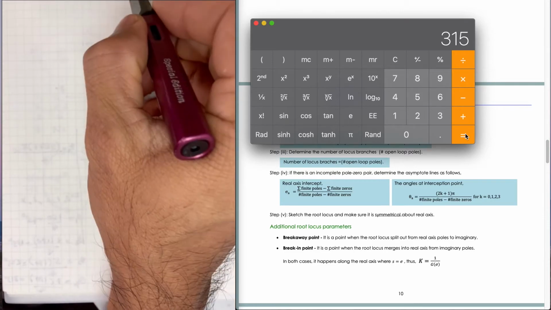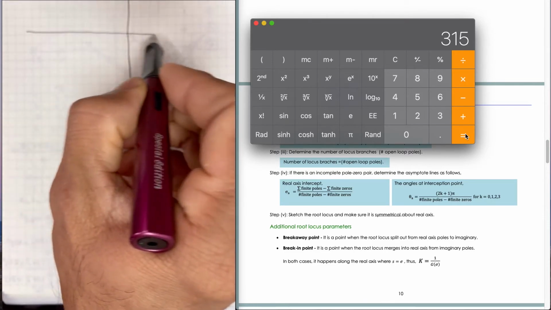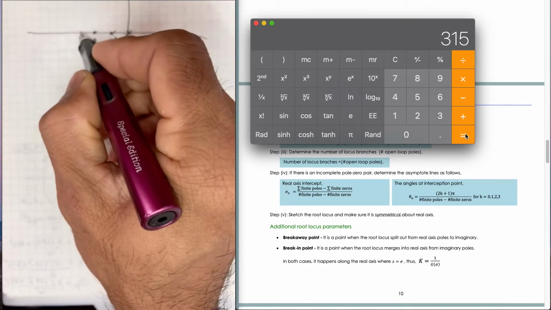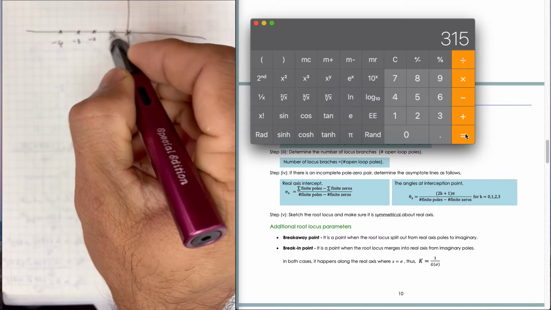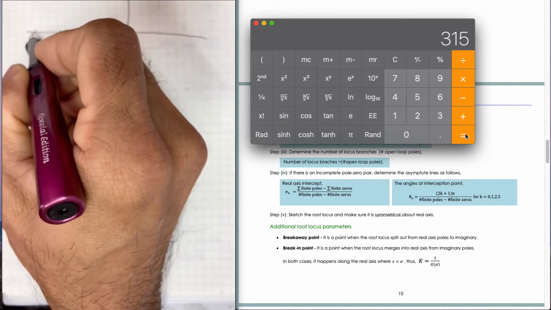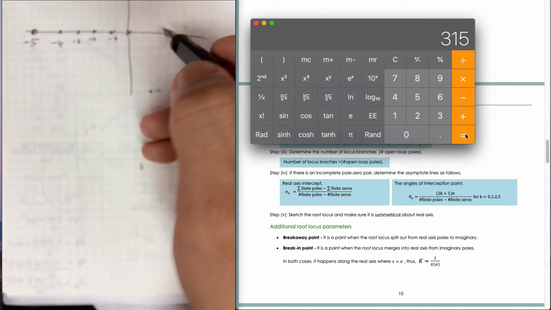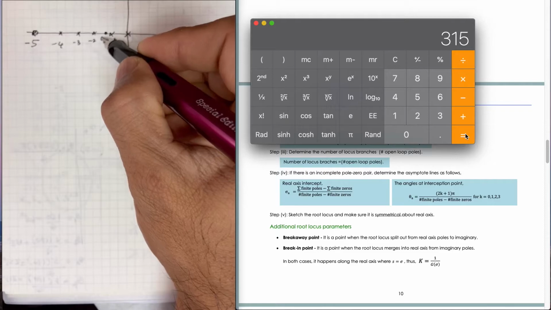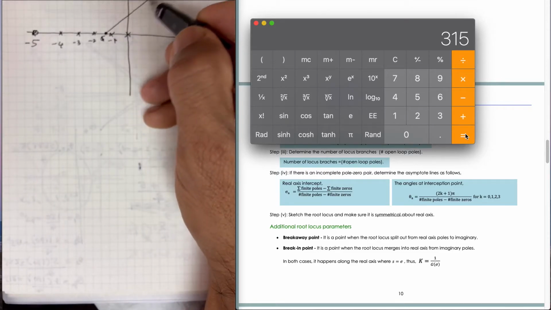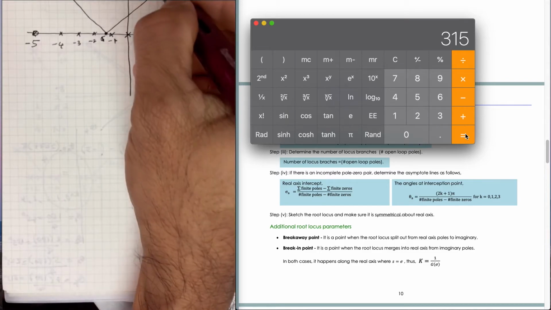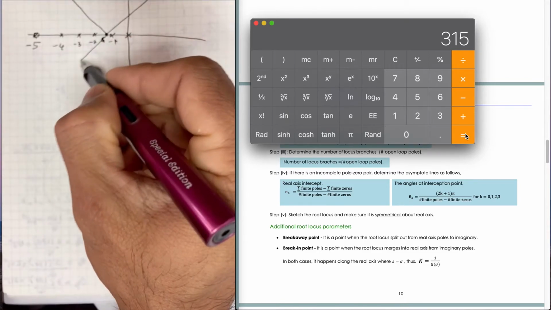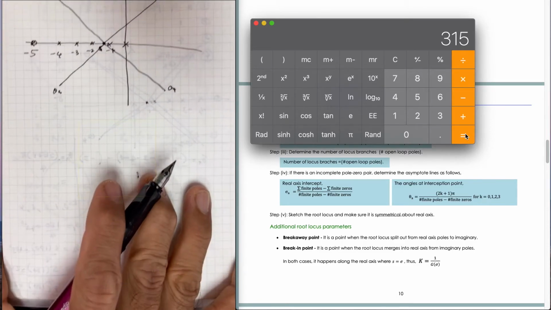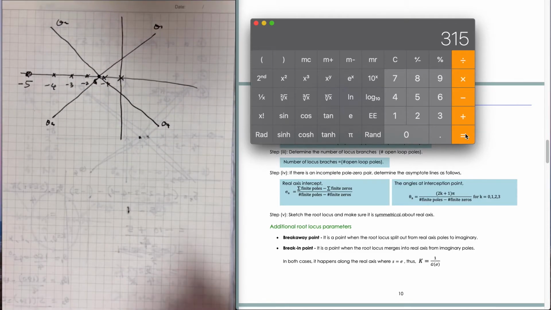Okay, this line. 0, 1, 2, 3, 4. This is our 45, 135, theta 1, theta 2, 225, theta 3, theta 4, 315. Okay, so we have that.